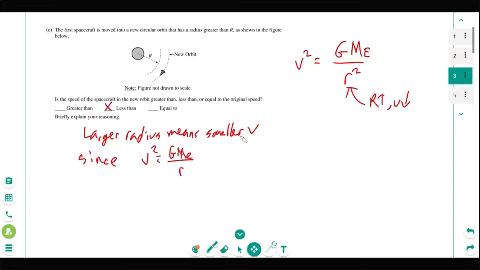Something like that. Or you could just say, larger radius means smaller velocity. See the relationship in part B. That's perfectly fine too, to say, hey, it's already answered in this other part of the question. This part, again, gives you a whopping +1.